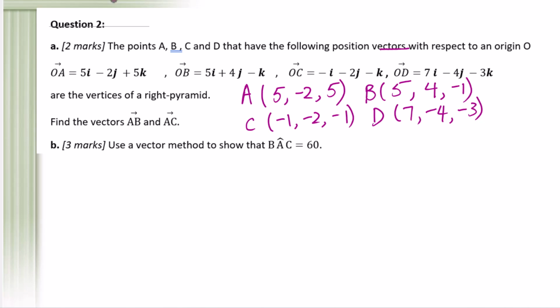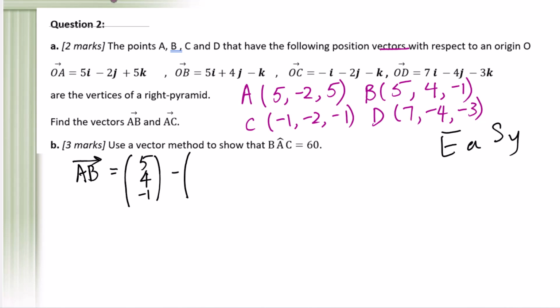Vector AB, we will use the easy method: ending minus starting point. Ending is B, (5, 4, -1), minus A, which is (5, -2, 5).